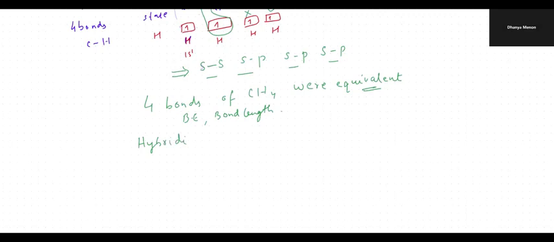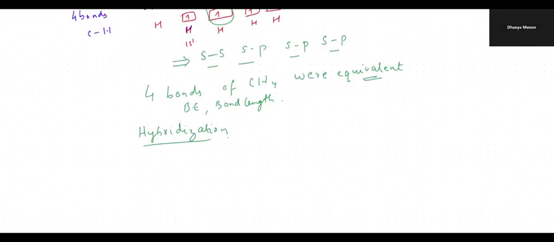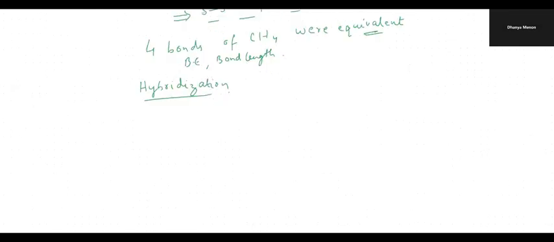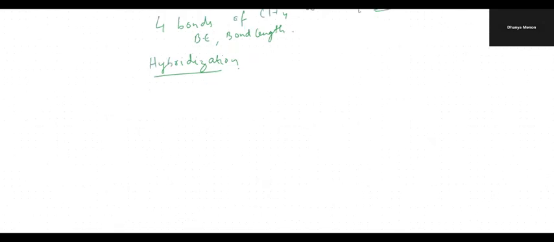So the concept of hybridization was used to explain this discrepancy: why all the bonds had the same energy, or why they were equivalent. Okay, so we see the same example of carbon, using the same molecule, methane.